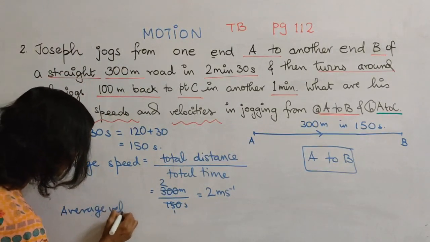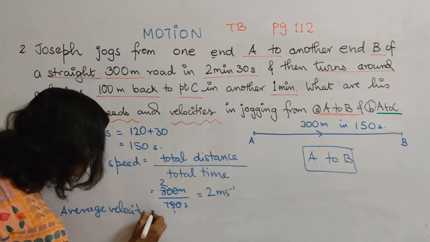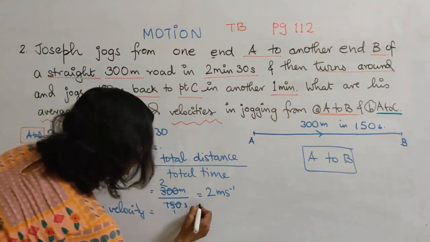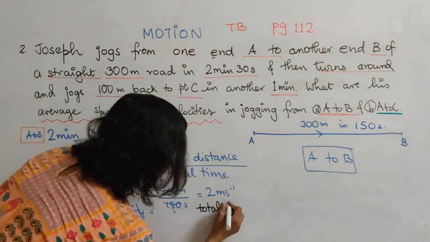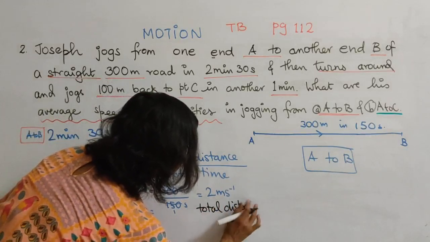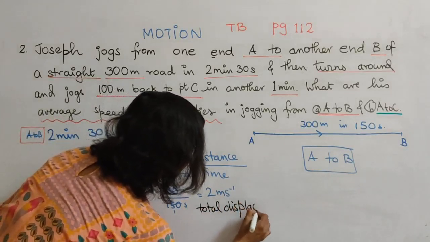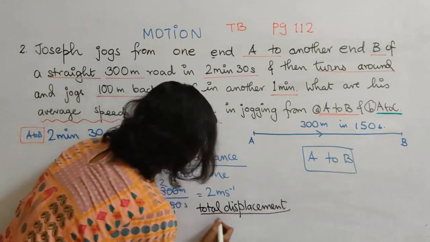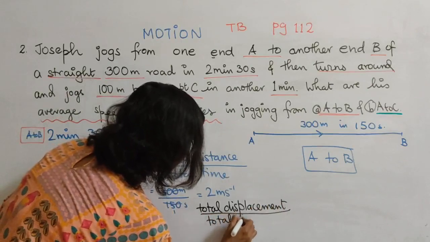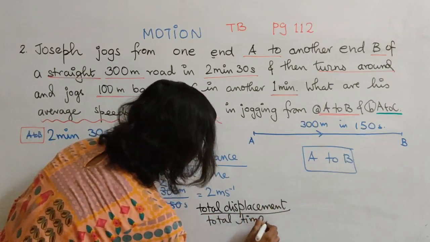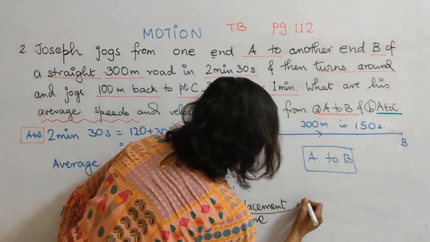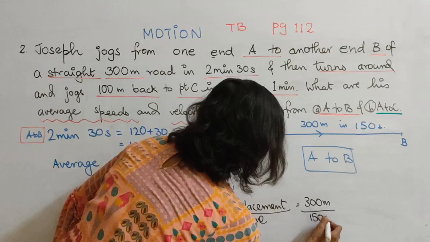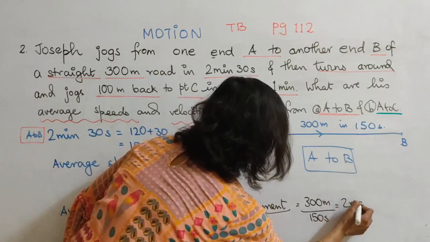So average velocity will be total displacement upon total time taken. So the displacement is also from A to B. So it is 300 meters upon 150 seconds. So it's the same thing, 2 meters per second.